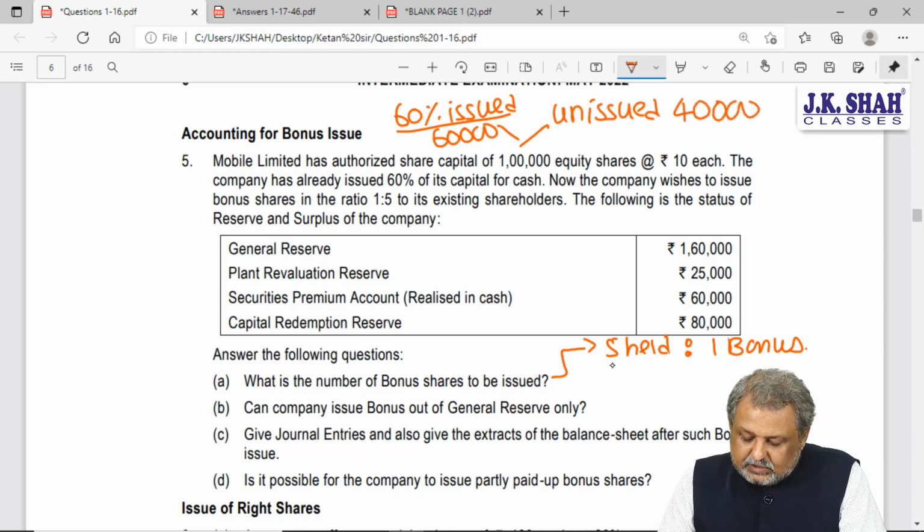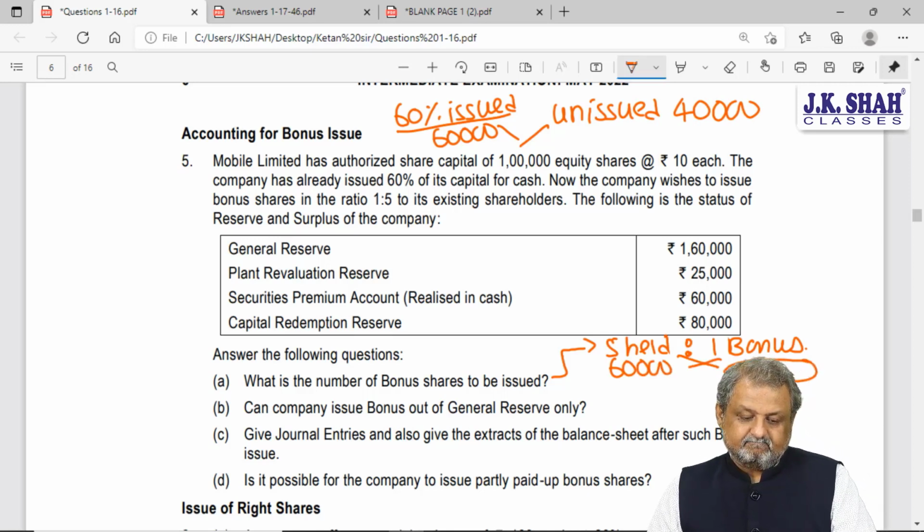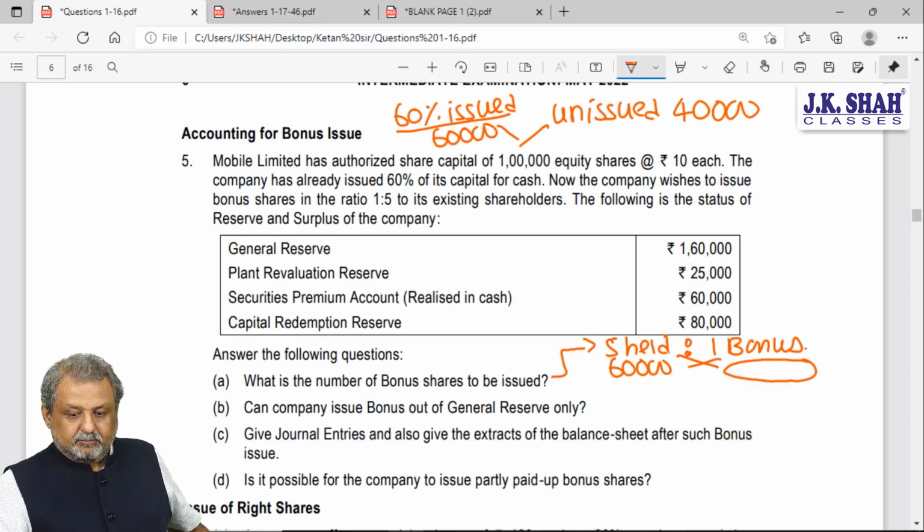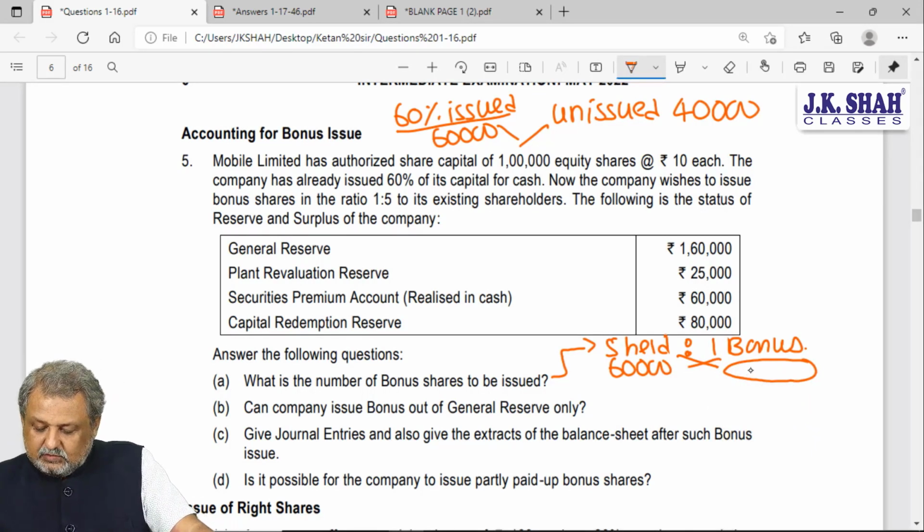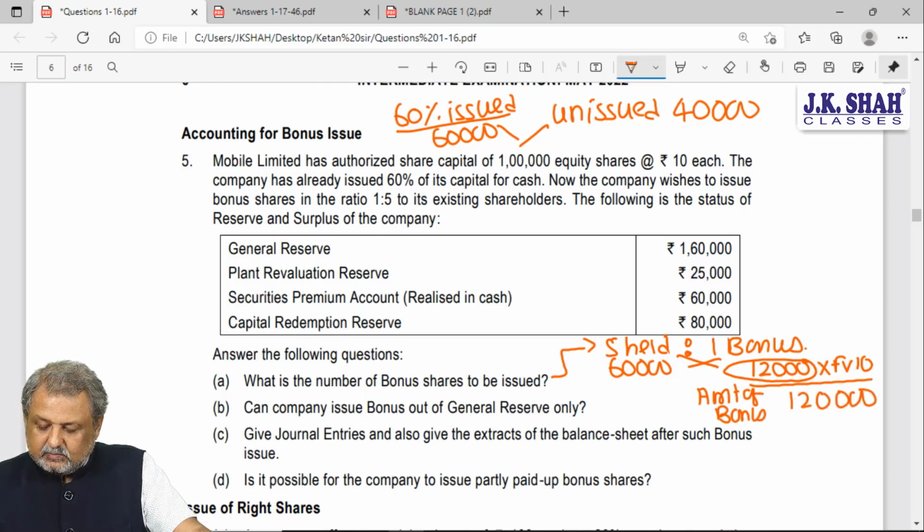So if 60,000 issued, how many shares will be bonus? 12,000 shares will be bonus. Multiplied by face value 10, the amount of bonus will be 1,20,000.